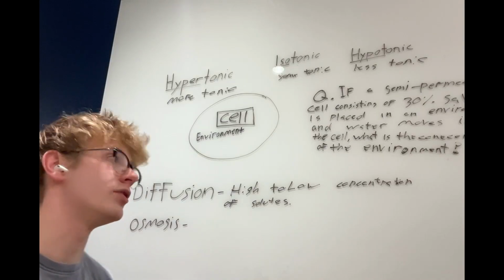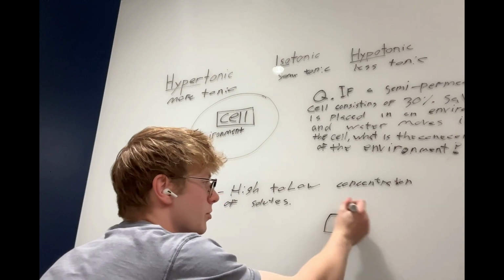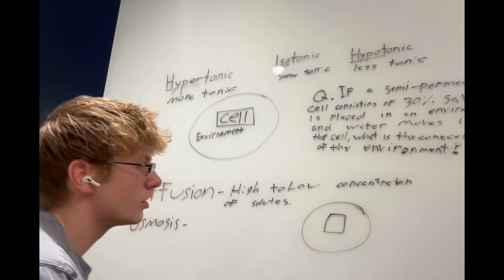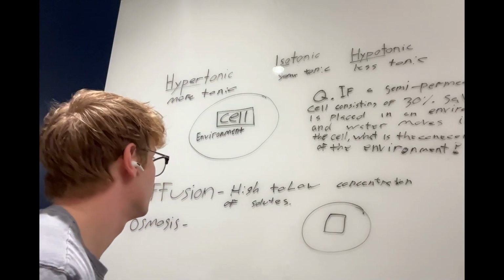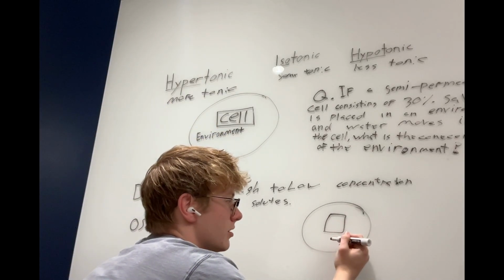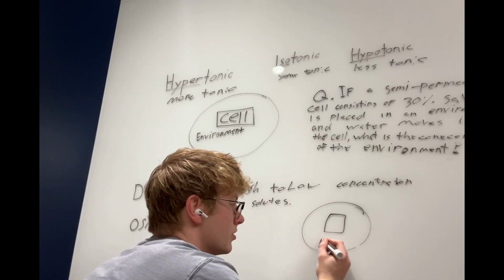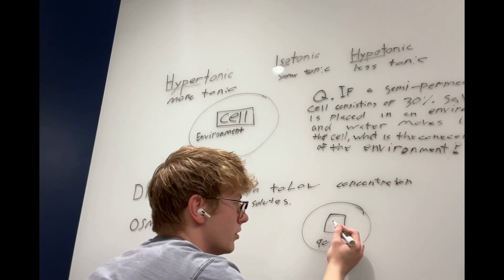to high, because we think of it like this. Let's say that you have a cell in a hypertonic environment. If the cell is semi-permeable, meaning the molecules cannot pass through, and I said the environment was hypertonic, so we'll say this is 40% salt, and this has no salt.